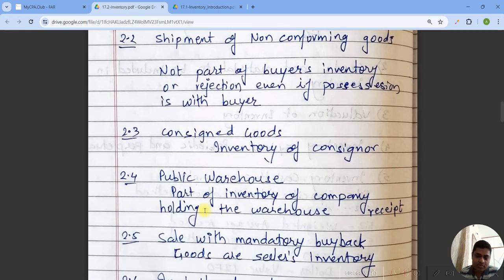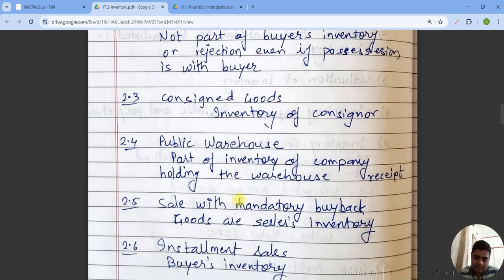Consigned goods are inventory of the consignor, not of the consignee. In the case of a public warehouse, it is part of the inventory of the company holding the warehouse receipt. Whoever holds the warehouse receipt is the owner of the inventory, if it is a public warehouse where the company has rented some space to keep its inventory.